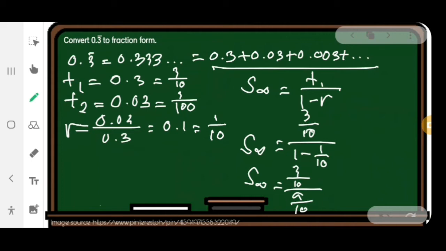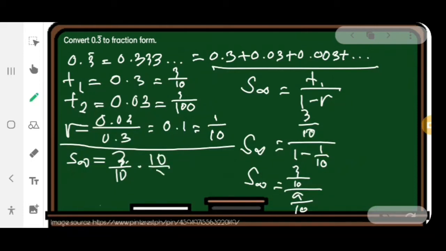And then let us divide. Now, to divide fractions, you need to get the reciprocal of the divisor and multiply it to your dividend. So S sub infinity is equal to 3 over 10 times the reciprocal of 9 over 10, which is 10 over 9.